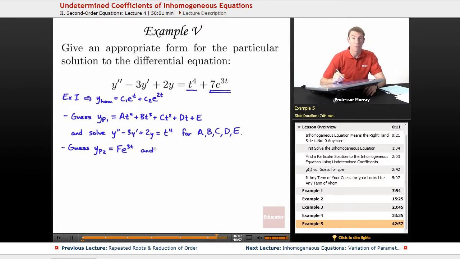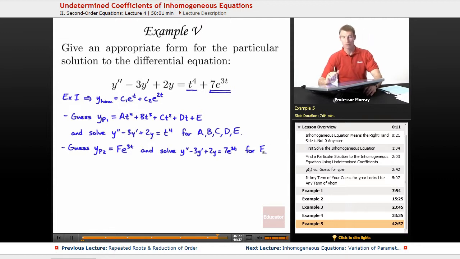And then you would find the first derivative, second derivative, plug it in, and solve y double prime minus 3y prime plus 2y equals 7e to the 3t. We would solve that for capital F. So that would give us a particular solution that matched up the e to the 3t part of the equation.